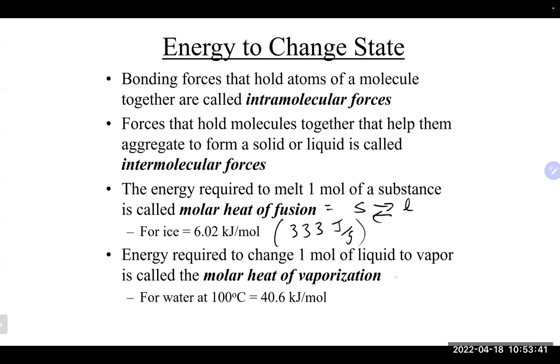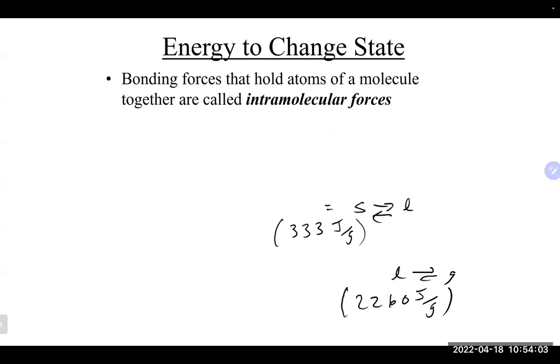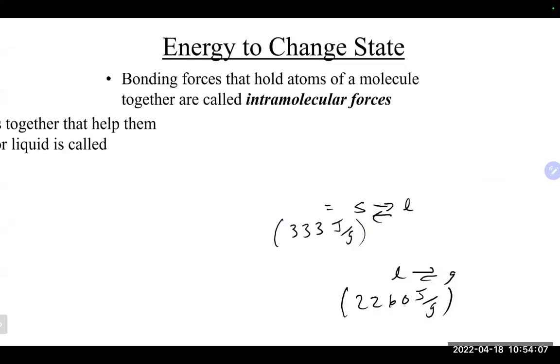And to go from our liquid to gas and backwards, that is 40.6 kilojoules per mole for water. And again, that roughly equates to about 2260 joules per gram. So again, how do those two calculations tie together? Let's just say if we took a look at, we'll go to the next page.